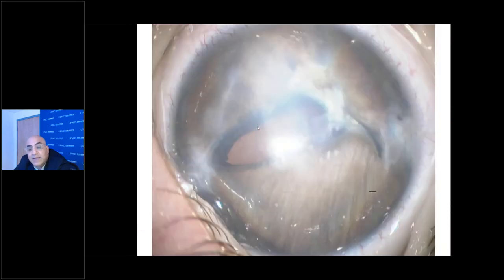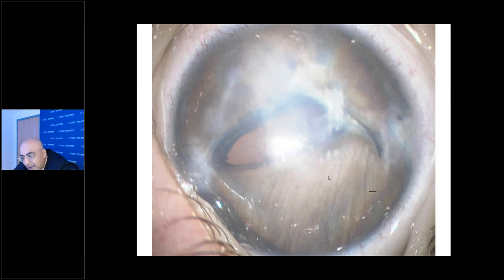And then at 6 months, the child's got a nice window. There's a little bit of haze there, but we've got a nice window. We've not had to do a corneal transplant, so there's no rejection, and we're rehabilitating this child with a contact lens. So my point again is that if you make the accurate diagnosis, you get to make the best management decision.